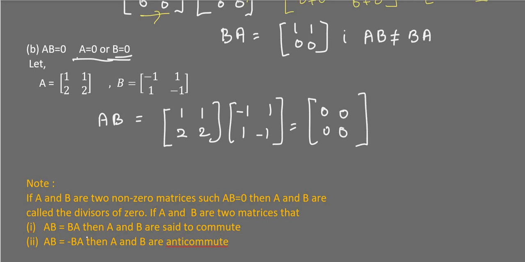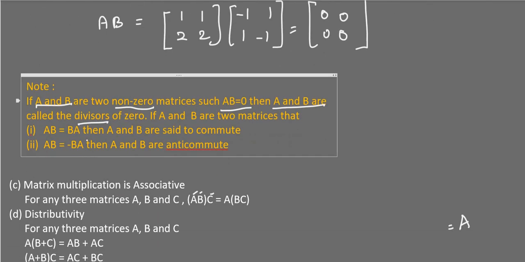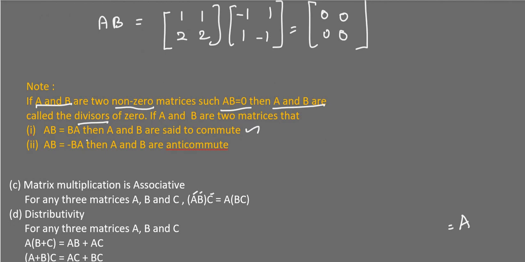So here, if A and B are two non-zero matrices such that the product is 0, then A and B are called the divisors of 0. And if A and B are two matrices such that AB is equal to BA, then we say they are said to commute. If AB is equal to minus BA, they anti-commute.